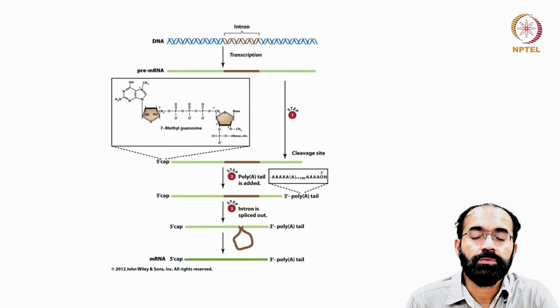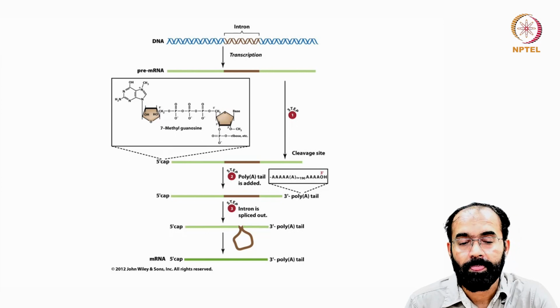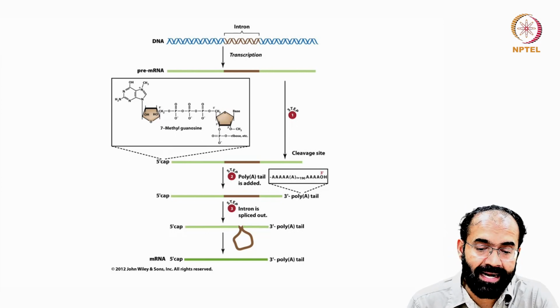So coming back to RNA processing, once again you have pre-mRNA that is produced from the gene along with an intron, and it undergoes capping even before it is completed. You have a cleavage site for the nuclease, and then a poly-A tail is added.